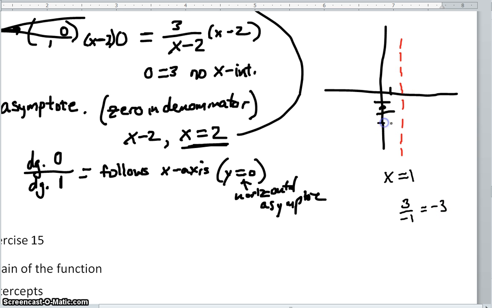So that goes down. So what this graph looks like is something like this. And then going left will go this way.